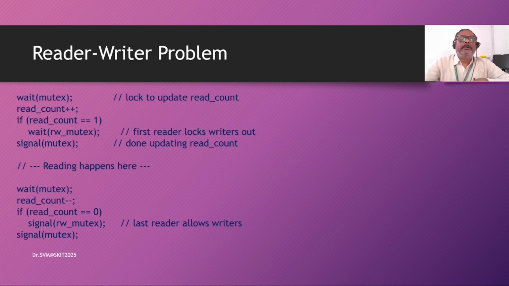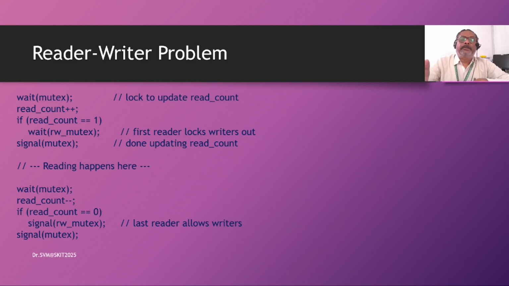So overall, if I want to read from the shared resource, I am free to read only when it is not being written. Therefore, the first thing is to check the read count and increment it. While incrementing, make sure that a lock is placed on the read count. So wait mutex, and if read count is 1, that means somebody is reading.